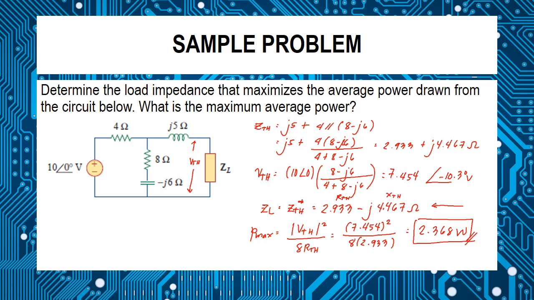VTH is equal to 10 angle 0 multiplied by 8 minus J6 all over 4 plus 8 minus J6. So this will be equal to 7.454 angle negative 10.3 volts.